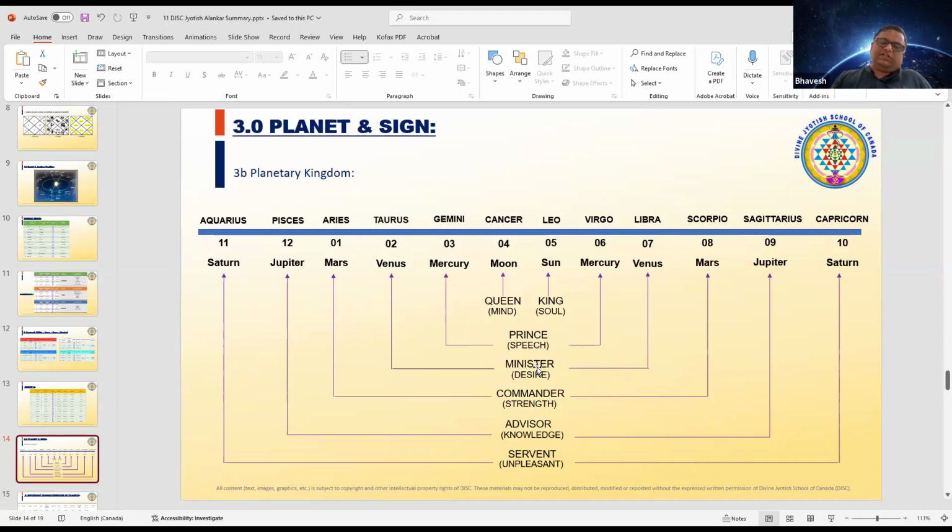So Venus has more to do with your different desires and how you will fulfill them. Wherever you see Venus is powerful, that person has more prosperity and all those things. So this is about the planets. Any questions?